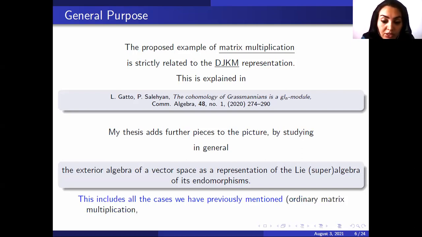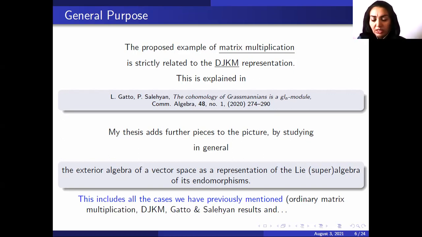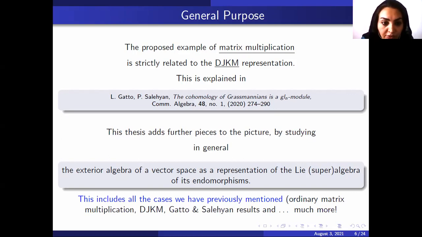I mean the ordinary matrix multiplication, the Kashiwara-Miwa representation, and all the results by Gatto and Salehian, and even more results. But now I'm not going to speak about all what I did because of the lack of time, but a piece of work and a simplified version of this.